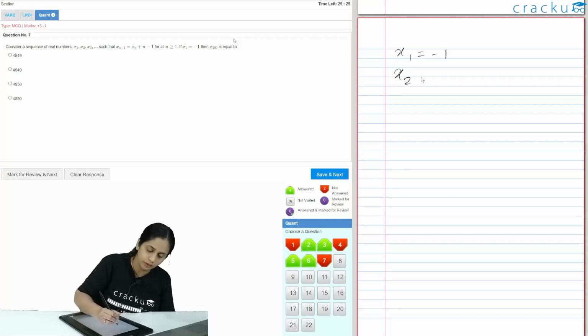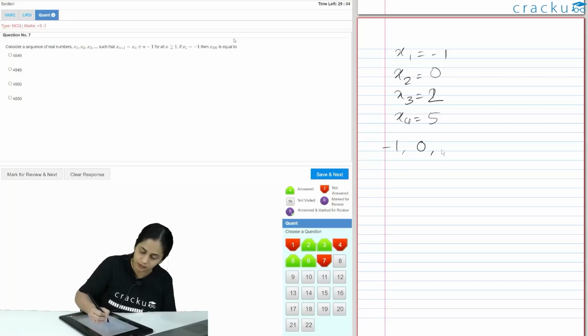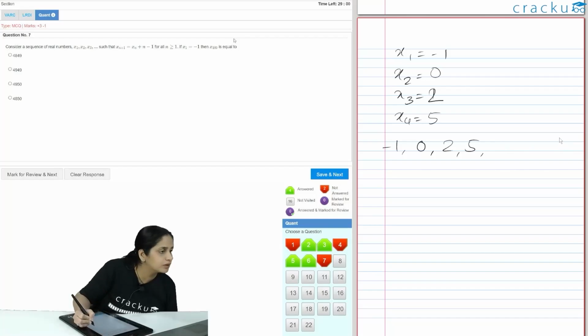So x equal to 2 is equal to this plus 1. Then plus 2 plus 3 plus 4 plus 5, right? So this is plus 1. So this will be 0. X3 will be 1. Will be plus 2. So this will be 2. X4 will be plus 3. So this will be 5 and so on. So 1, 0, -1, 0, plus 1, plus 2, plus 3, plus this so on.